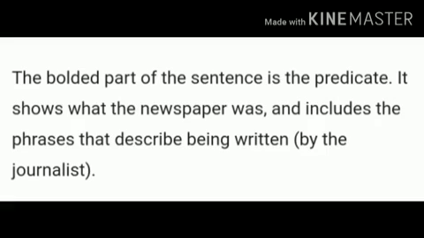So we have seen the bolded part of the sentence is the predicate. It shows what the newspaper article was and includes the phrase that describes being written by the journalist. So the bold part given is the predicate.